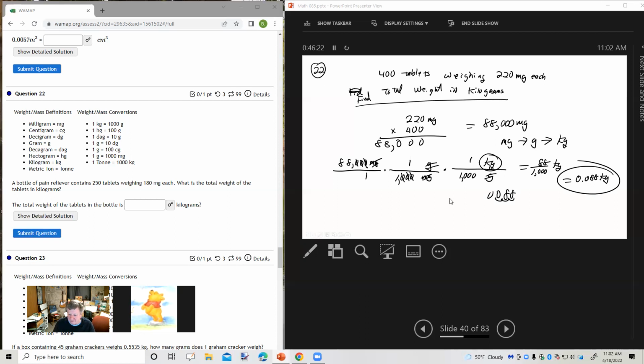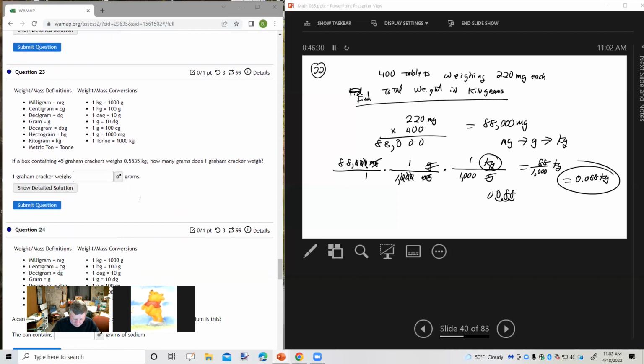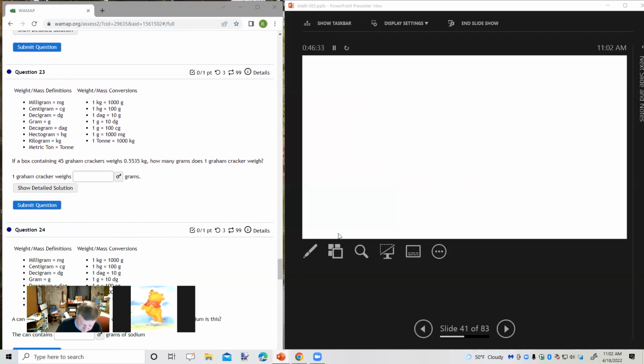Any questions about that problem? Okay, let's take a look at one like number 23. In this case, a box containing, I'm going to use 34 graham crackers, weighs 0.459 kilograms.